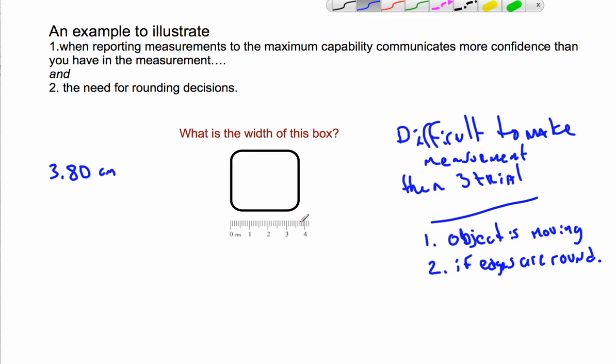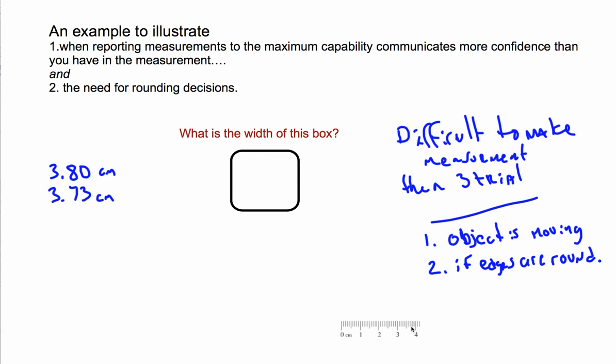It looks to me like it's falling just a little bit more than this 0.7 line. There's 3.5, 6, 7, and if I line that up, I think it's coming in right a bit above that. So I'm going to say 3.73 centimeters.